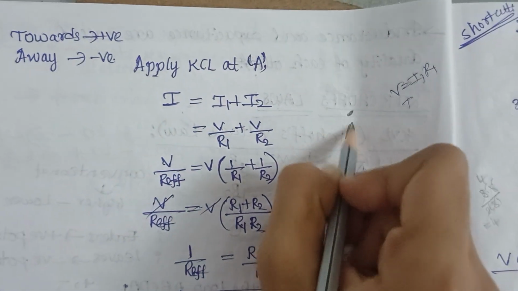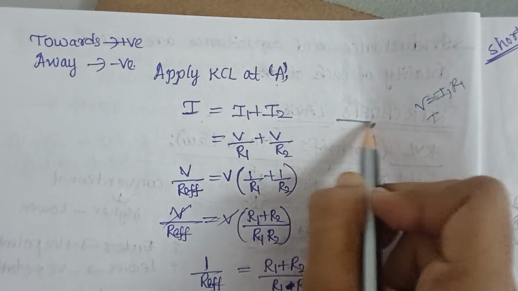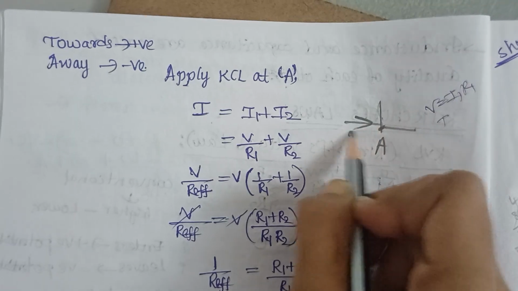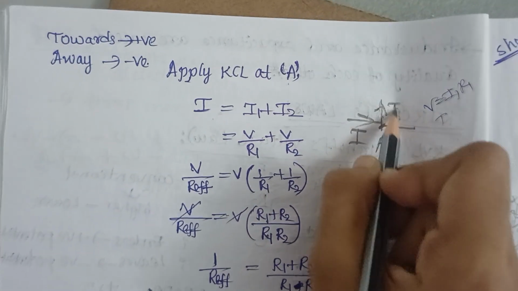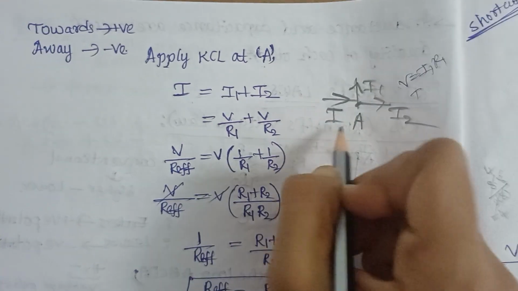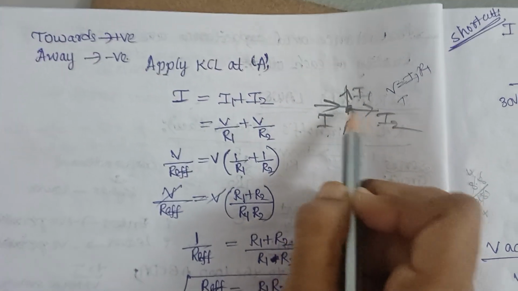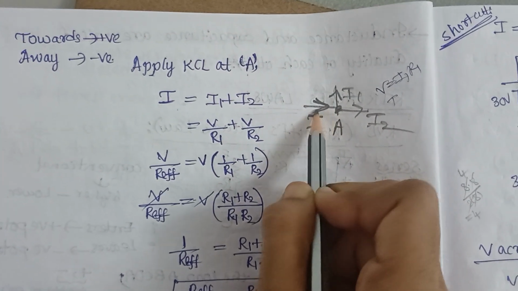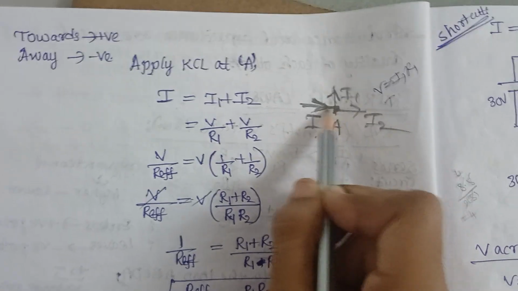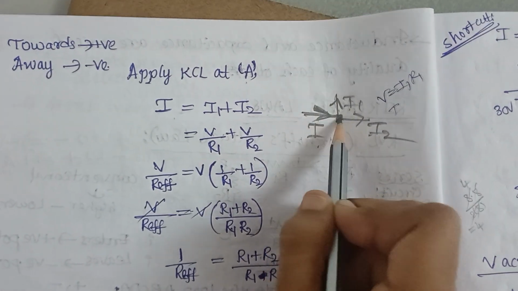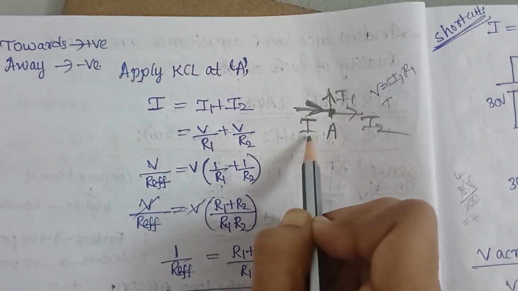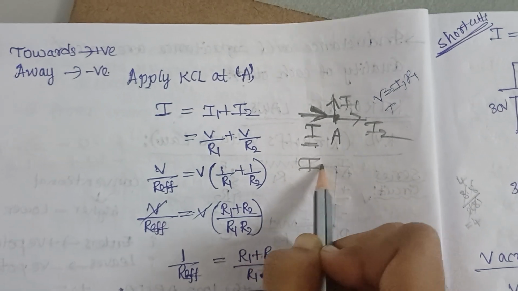Let us suppose this junction A, and let us suppose this is a current I, this is I1 and this is I2. Now in this junction A, your I current is towards the junction, right? That means it is heading towards A. It means you should consider this I to be positive.